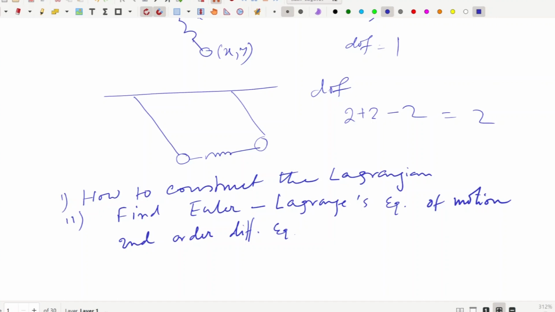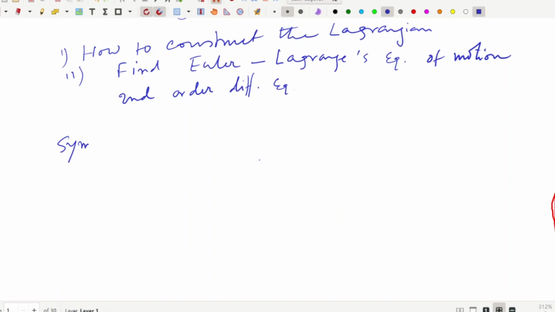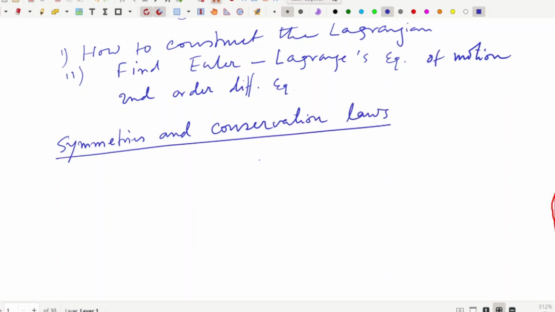Now today we will discuss symmetries and conservation laws. This is the topic for the next few lectures. Symmetries are very important in studying physics.